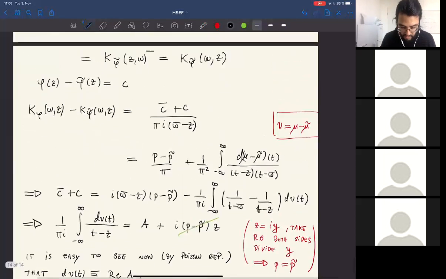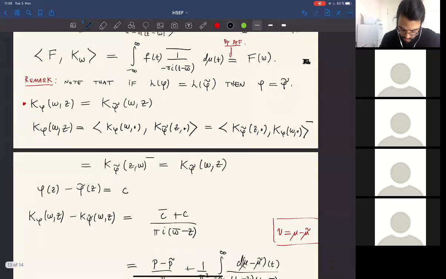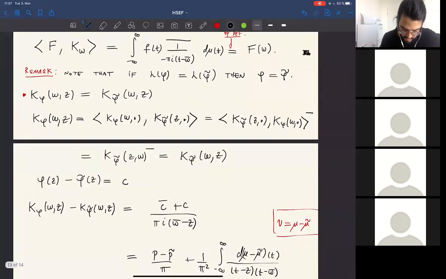Is that enough to conclude that phi equals phi tilde? Well, let's see. Well, they need to have real part. Yes. Complex constant. What else?